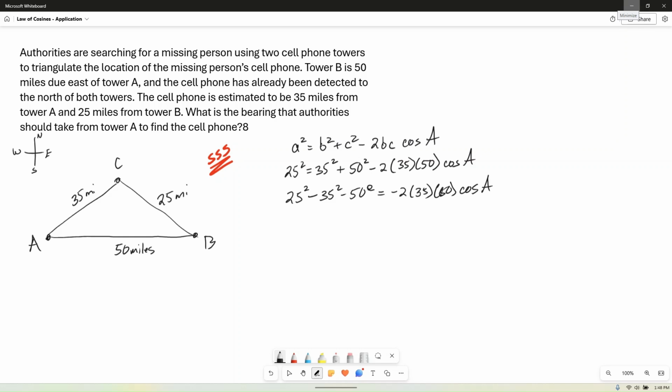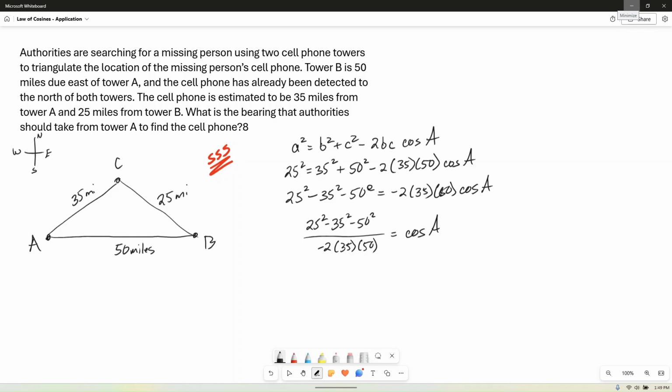So on the left side we have 25 squared minus 35 squared minus 50 squared all over negative 2 times 35 times 50, and this is equal to the cosine of A.